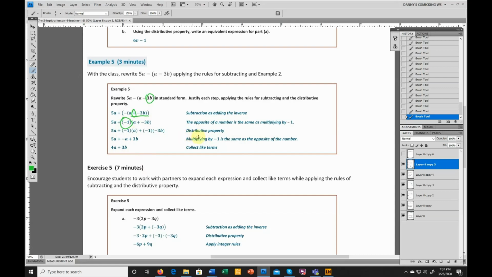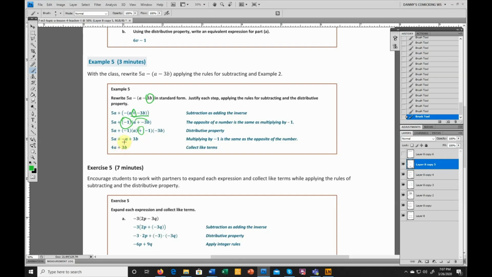Okay, distributive property, 5a plus minus 1 times a plus minus 1 times b. All you have done is separated out your factors. So you've put a plus sign between them and separated them out. Multiplying by minus 1 is the same as the opposite of the number.